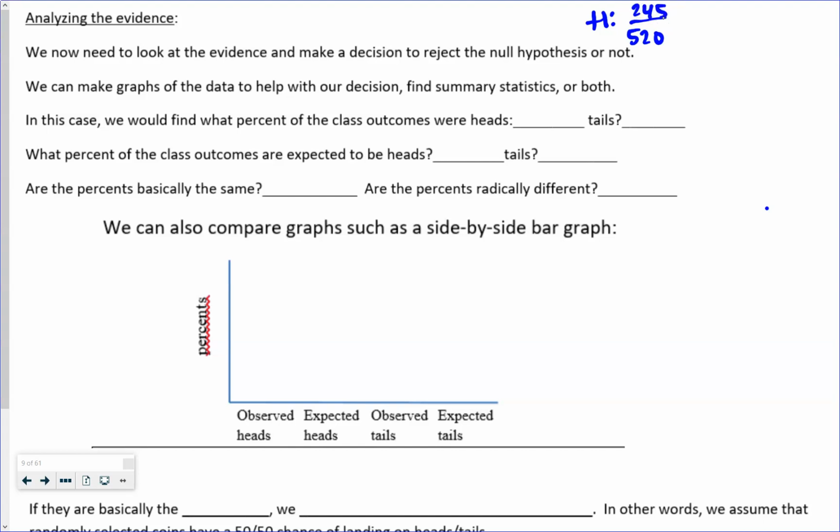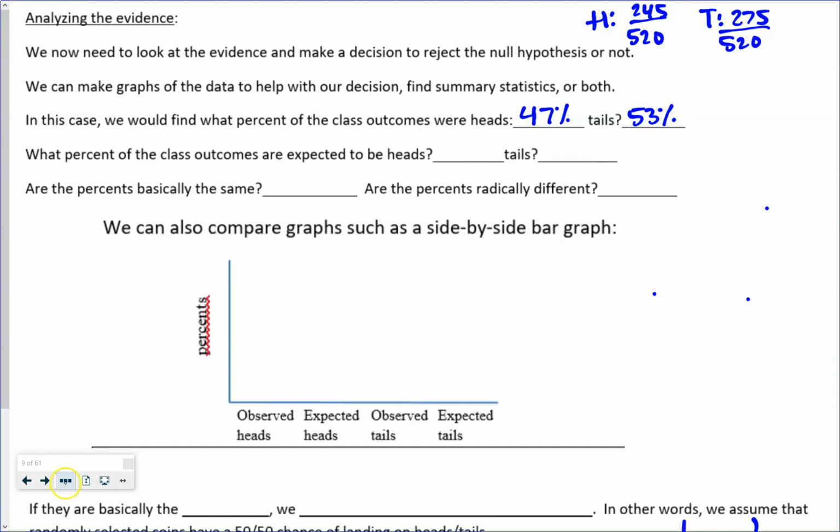Okay, that's going to result in 47% of heads, and my tails resulted in 275 out of my 520, and that's going to result in 53% were tails.